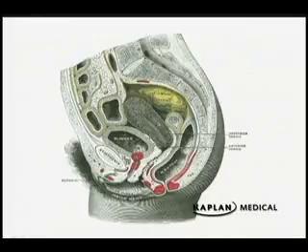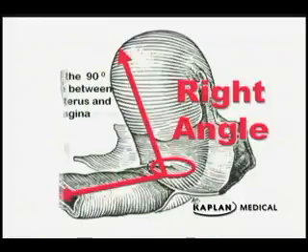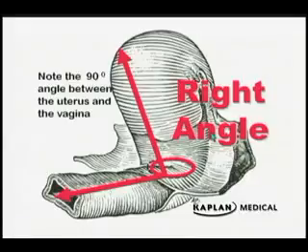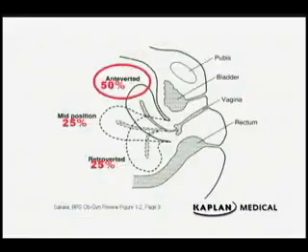It shows up very nicely on ultrasound and on MRI. Notice the angle between the uterus and the vagina. It's a 90-degree angle. You can see it even better with this picture here. When we get uterine prolapse, that angle is lost and the uterus goes in the same orientation as the vagina.